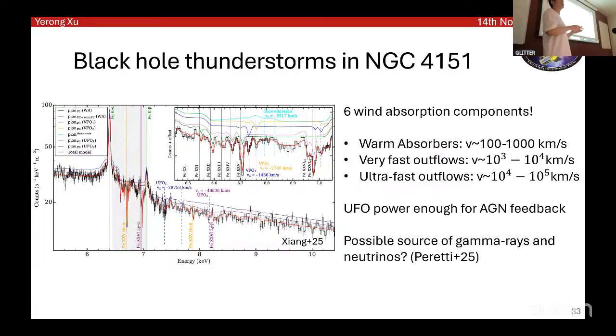In fact, together with NGC 1068, this is one of the two strongest candidates for persistent neutrino emission. So there may be some physical connection between the inner accretion structure, the launch of the outflows, and the acceleration of these high-energy particles, such as the neutrinos and cosmic rays.